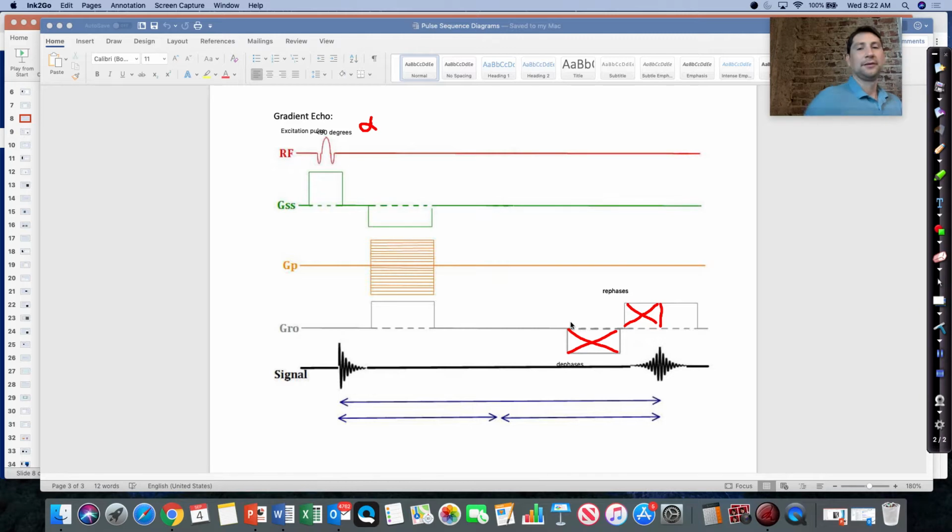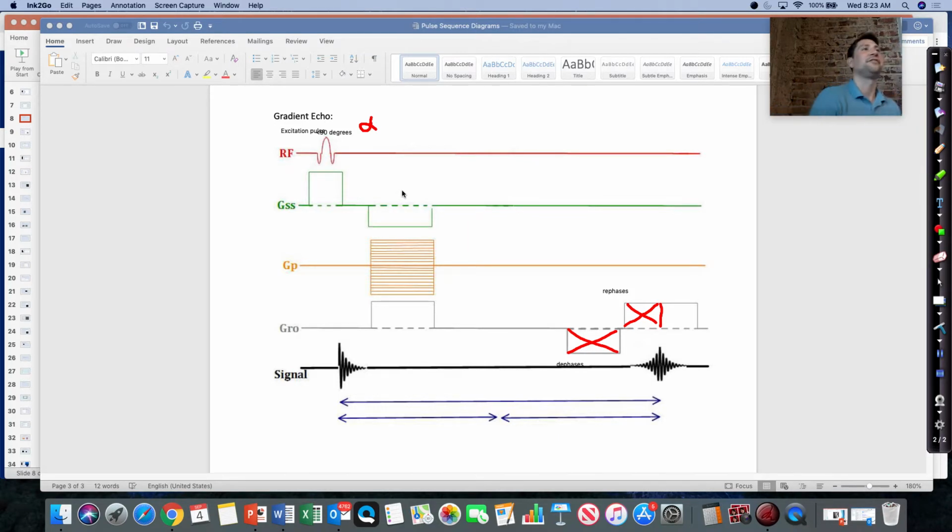So this little box can be an increase in amplitude, and it can occur almost right after your excitation pulse if you want it. So the timing of the pulse sequence can be controlled a lot more by the operator. So we can time our gradients so that we maximize our speed for the pulse sequence.